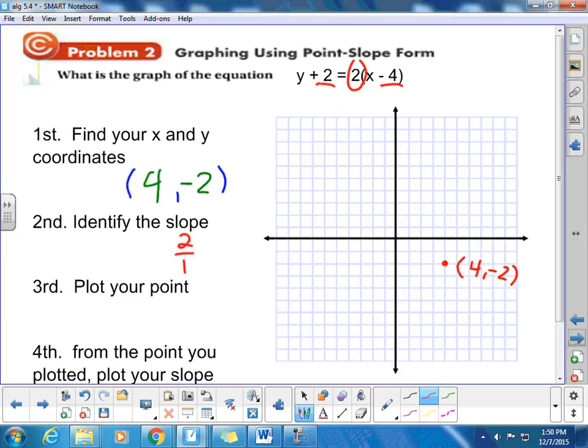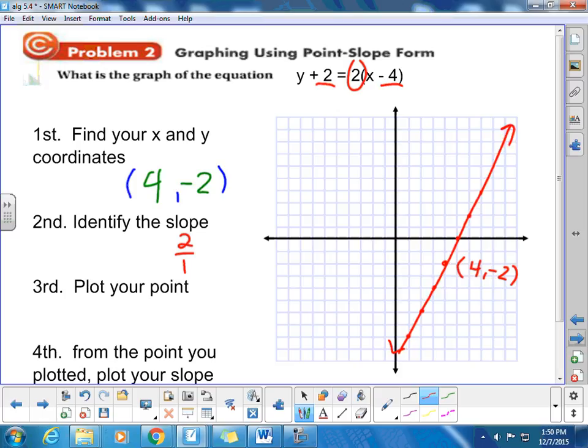Then put me on pause while everybody tries to plot their slope from that point. And you have a slope of a positive 2, so it should look something like that.